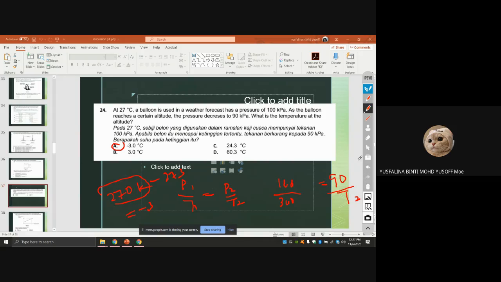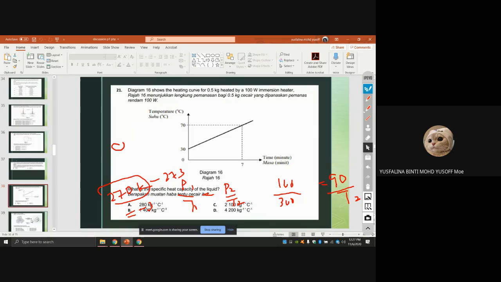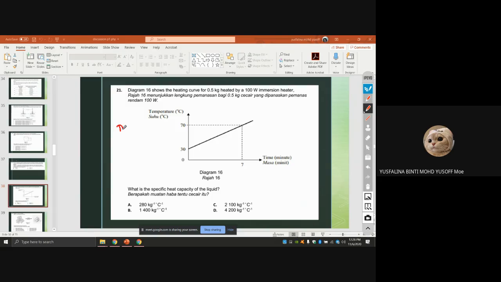Next question, the last one. Diagram 16 shows the heating curve of 0.5 kg of liquid heated by a 100 watt immersion heater. What is the specific heat capacity of the liquid? Since they give you the power, Pt equals mc theta. The power here is 100.